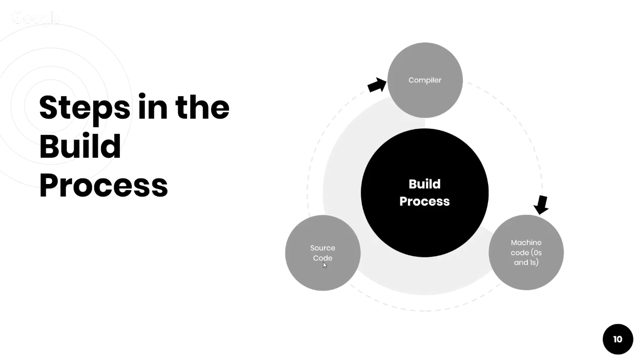The computer cannot understand, for example, what document.querySelector means, what a for loop does, or anything like that. It doesn't understand CSS or HTML or whatever language for that matter. This is where the second part of this build process comes in.